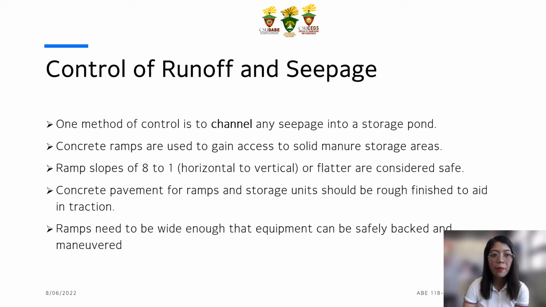So ramp slopes of 8 to 1, horizontal to vertical, or flatter are considered safe. So slopes steeper than this are difficult to negotiate. So concrete pavement for ramps and storage units should have a rough finish to aid in traction. So ramps need to be wide enough that equipment can be safely backed and maneuvered.